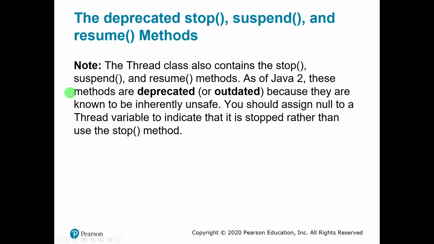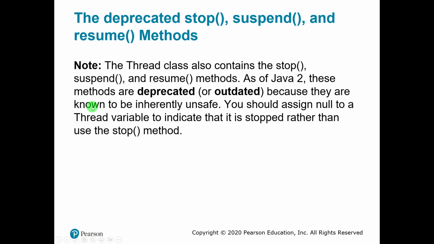Support is still there for them, because if they just took them out of Java, that would break a whole bunch of people's programs, right? So they call it deprecated, which means don't use this anymore, and you should think about updating your old code. Eventually, deprecated methods will go away and won't exist anymore.